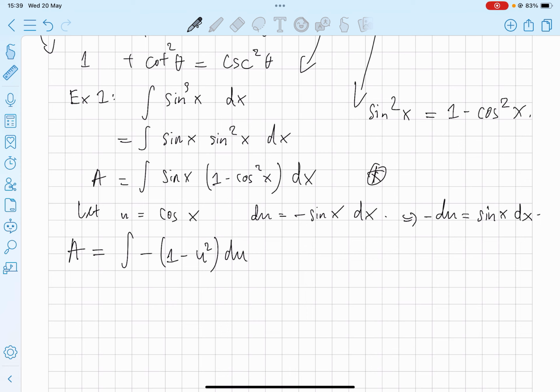This is a really easy integral that you can evaluate by using the table of integration.